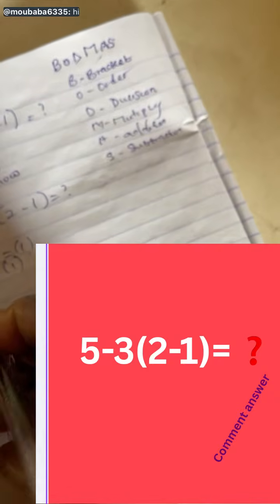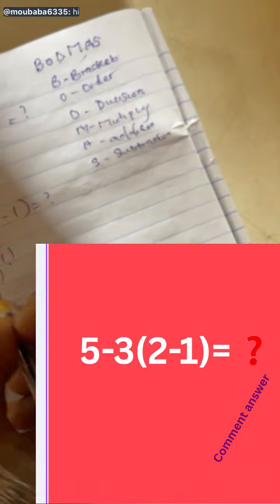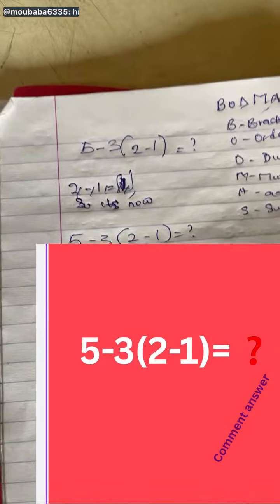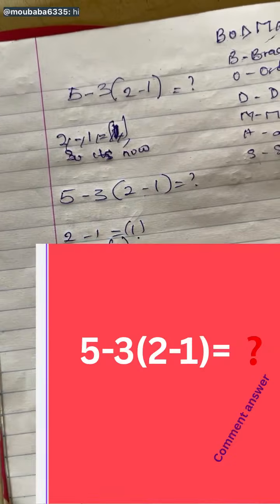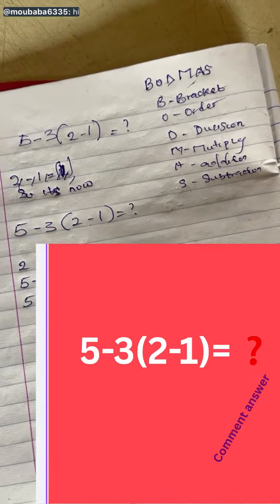Then we now do 5 minus this 3, times this 1 here. Who is getting what I'm saying? Times that 1 there, okay?